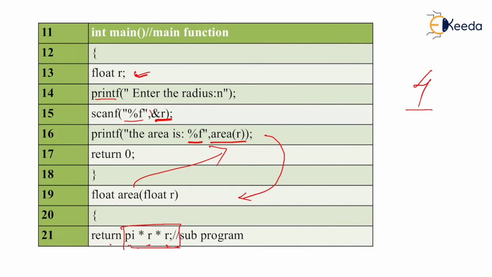So the output displayed on your screen is "the area is" the computed value, and return 0 says that it is the end of your code. Now we'll see the output, how the output will look.